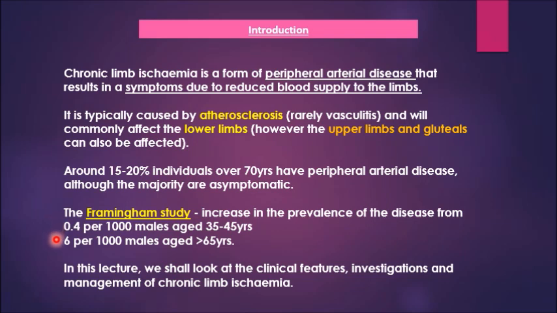This increases to 6% per 1,000 males when they reach more than 65 years. In this lecture, we shall look at the clinical features, investigations, and management of chronic limb ischemia.